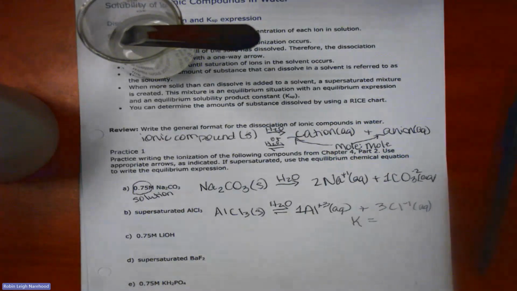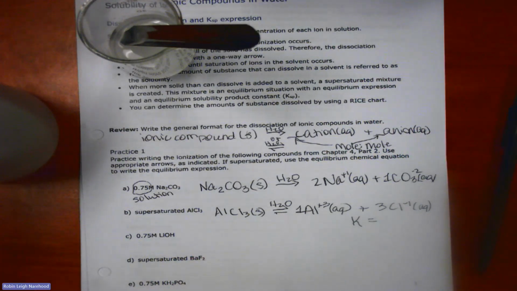And these are not going to be gas situations because these are all in water. And so it's going to be all the aqueous things. So anything aqueous in any of our dissociations that are equilibrium will be part of the expression.